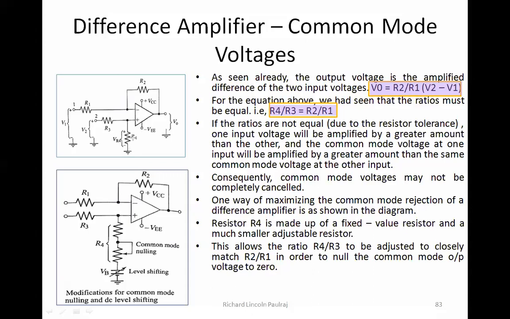So you can assume that these two are working in sync, and R1, R2 are working in sync with each other. If the ratios are equal, fine, we don't have any issues. What ratios are we talking about? We are talking about R4 by R3 and R2 by R1.